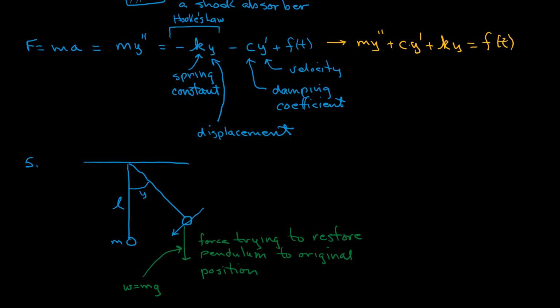Now what I've done is on the left-hand side, I've moved all of my terms that involve y or a derivative of y. And on the right-hand side, I've just left the function that's only in terms of my variable t. So there's that one. This is a class of equations that we're going to spend some time looking at how you solve.